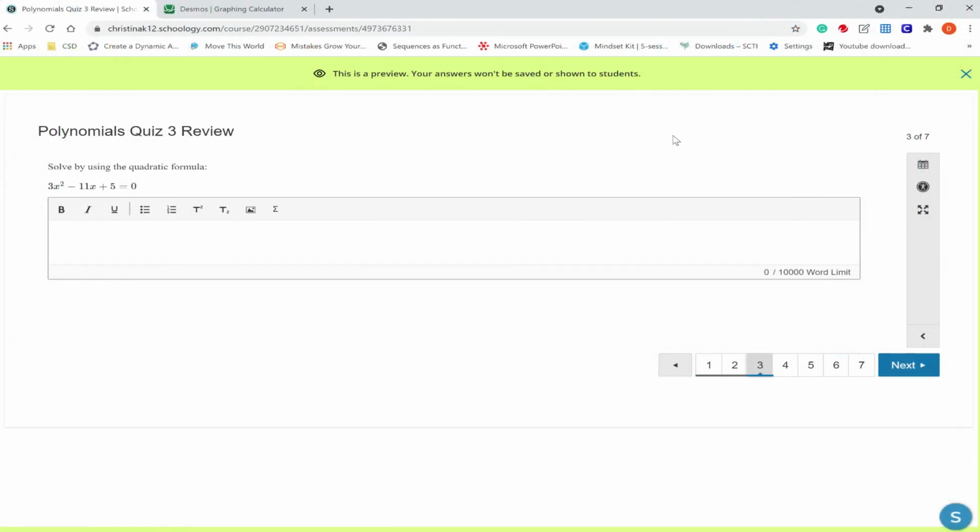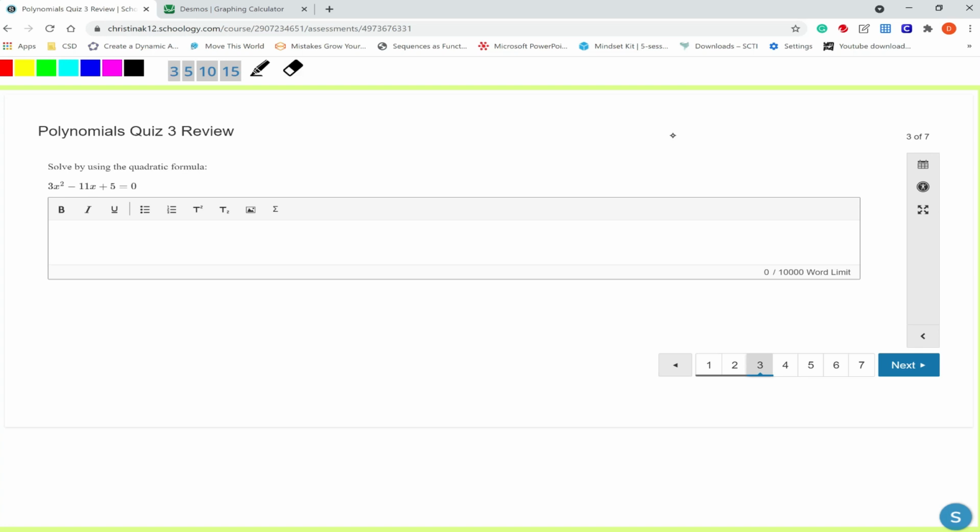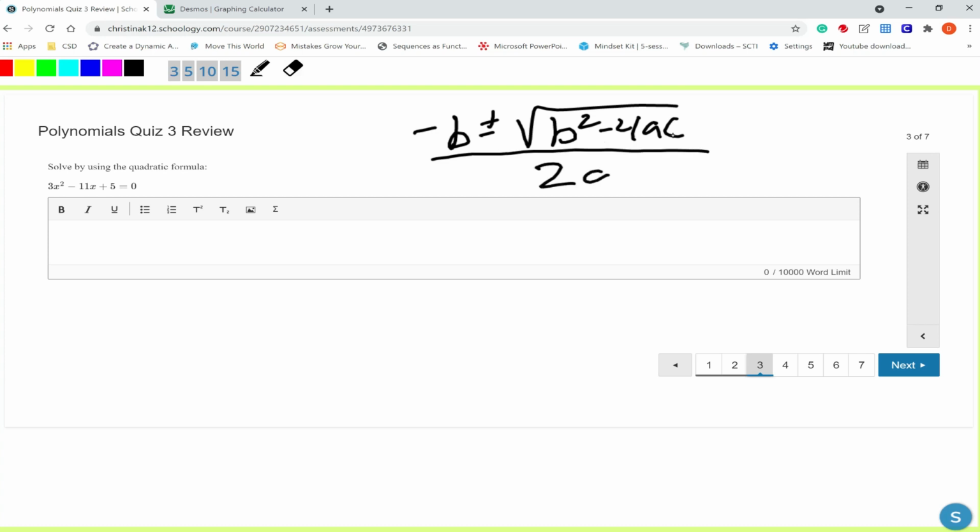Question 3, we're told to solve using the quadratic formula. So recall the quadratic formula is negative b plus or minus square root b squared minus 4ac, all this over 2a.